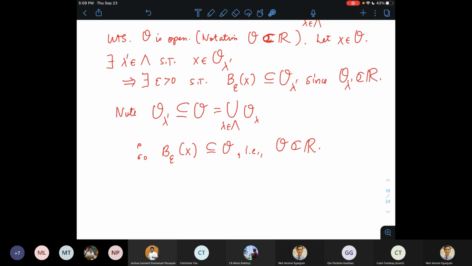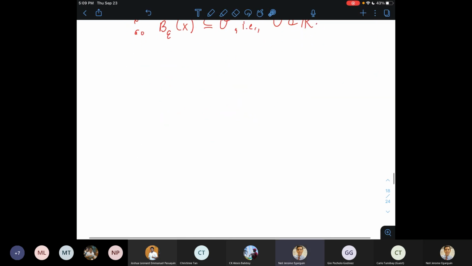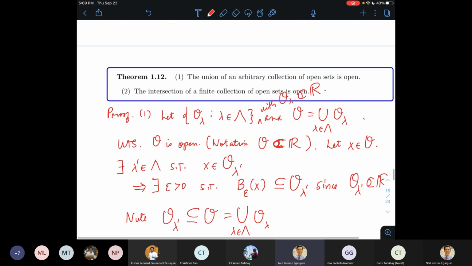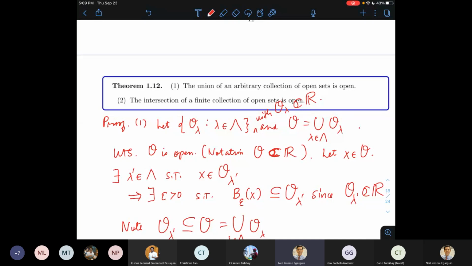Okay? Now, the second part of the proof is a little bit more specific, because if you remember here, may condition, intersection ng finite collection ng open sets.